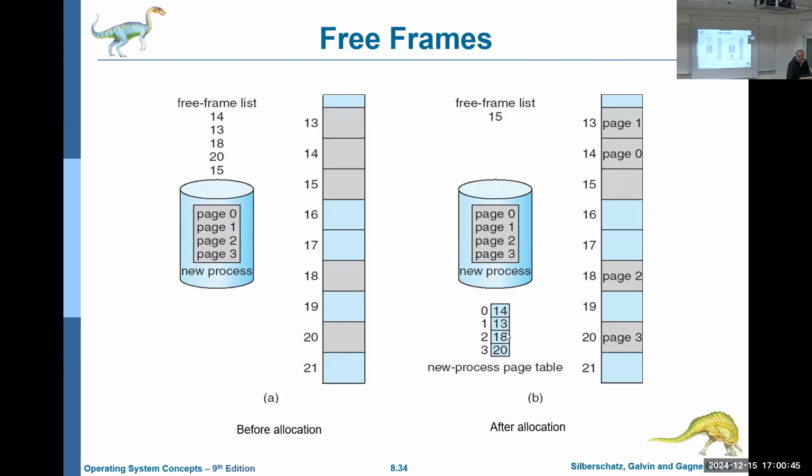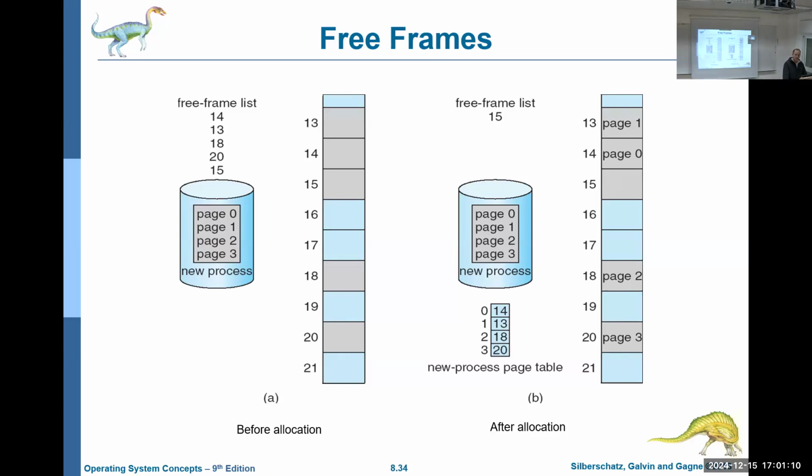Now I don't like these examples from the book, because if I would do it, I would have 3 dots and then another box here. This makes it look like I make the page table exactly the size that I need. I guess I could theoretically. If I knew that it was only 4 pages, then why not make a page table that's only 4 rows? But that's not the way we think about it.